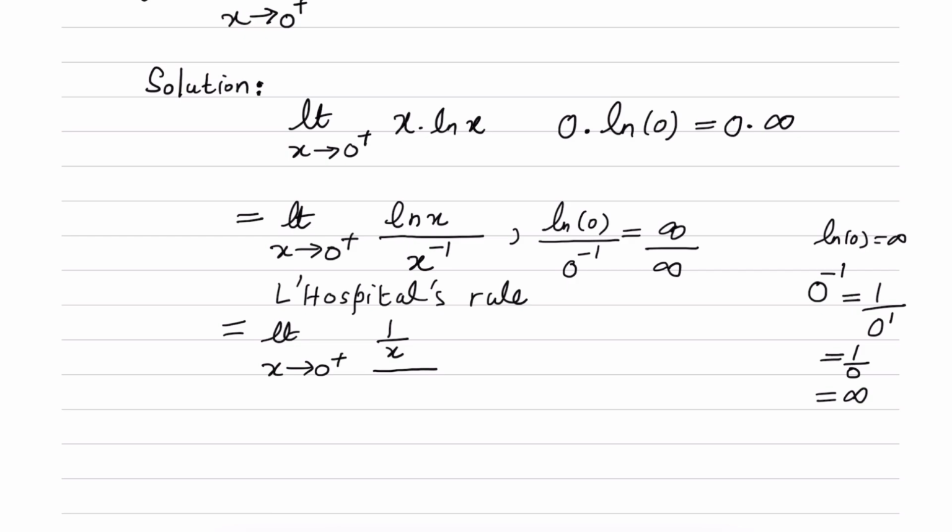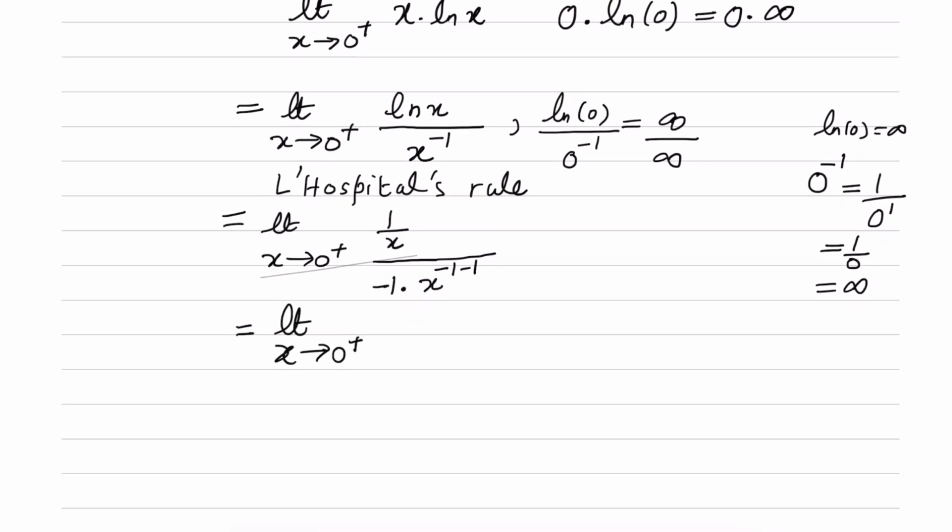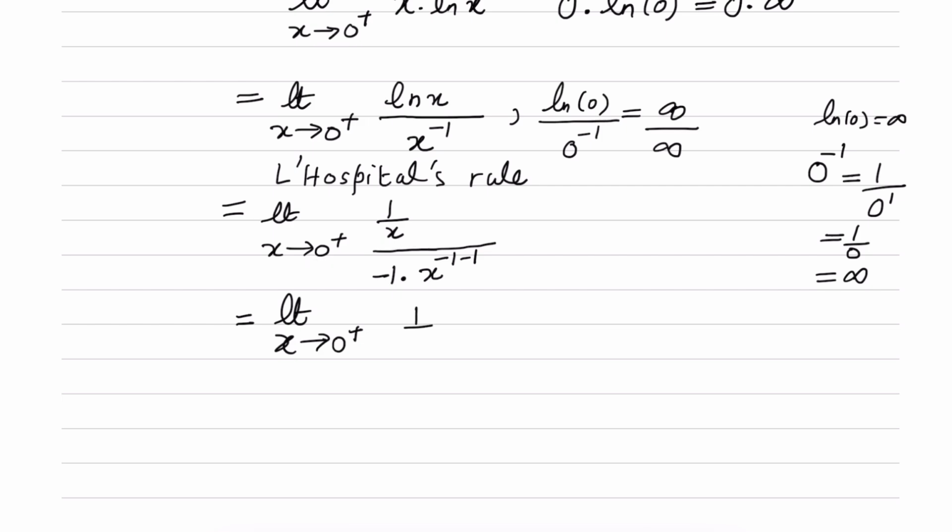By the power rule of derivatives, it is minus 1 times x to the power minus 1 minus 1. Now that we have applied the L'Hopital rule, we simplify this expression, which is 1 over x divided by minus 1 into x to power minus 2.